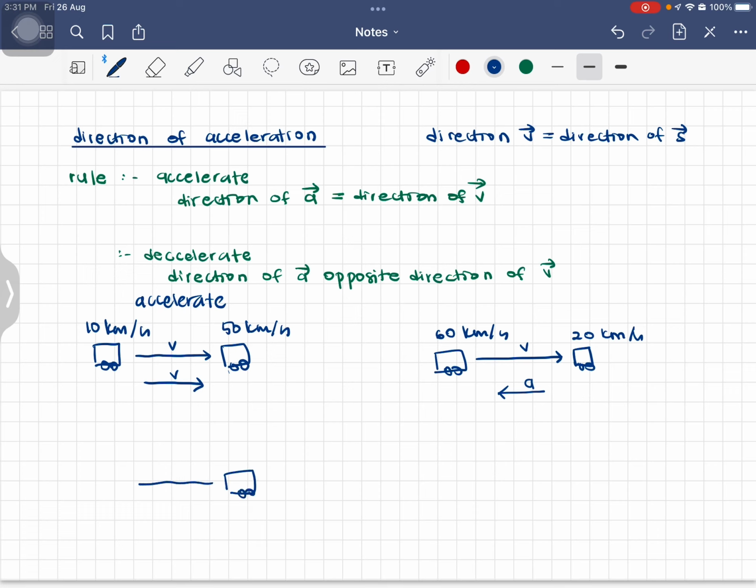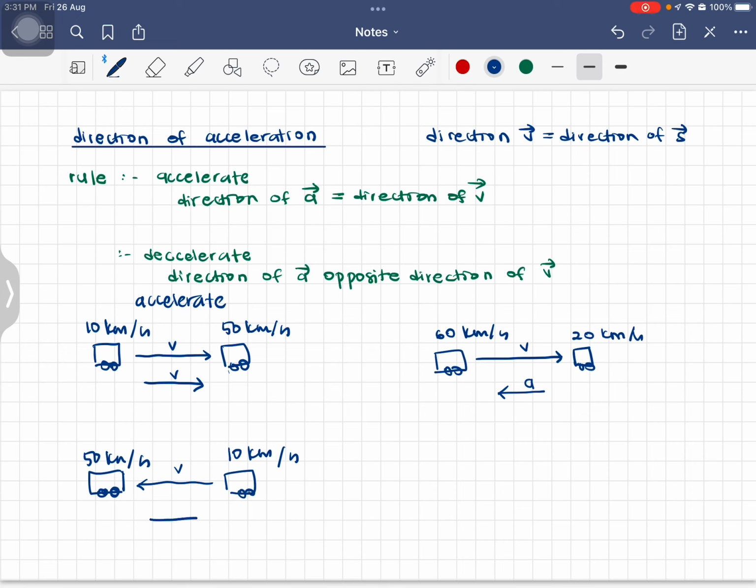Okay, in another case, you are moving to the left. Your V is to the left. But let's say you are starting with 10 km per hour, increasing to 50 km per hour. What happened here? You accelerate.